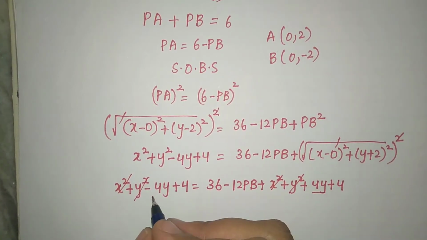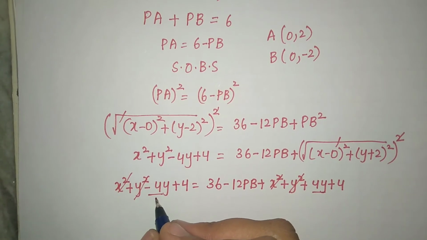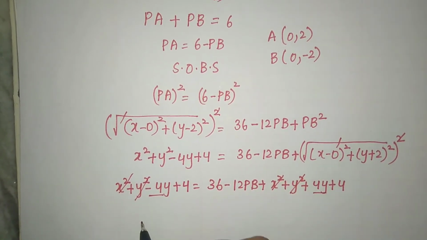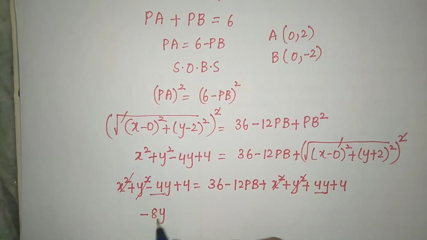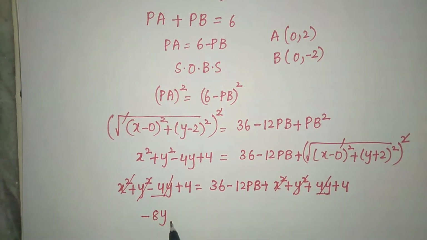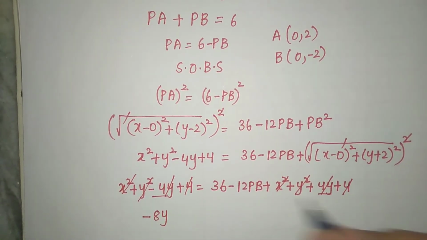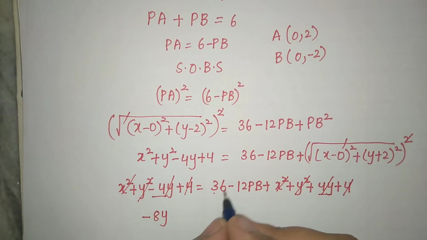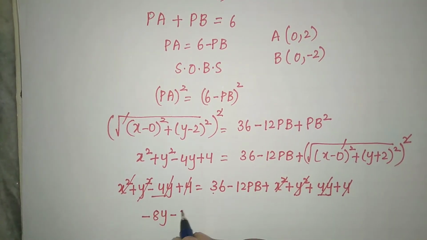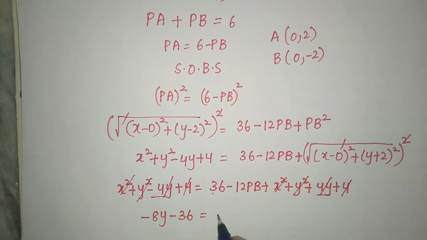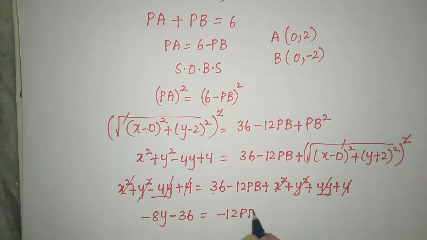So cancel all the similar terms on both sides, x square, y square. So minus 4y here, and here we have plus 4y on this side, then we will get minus 8y. 4 will get cancelled. We have 36 here, send 36 to this side, minus 36 is equal to minus 12 PB.